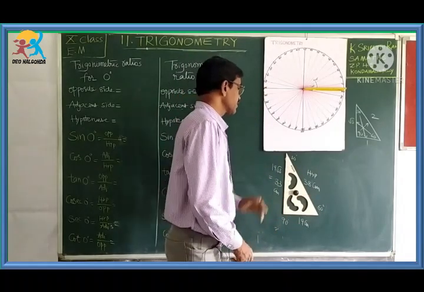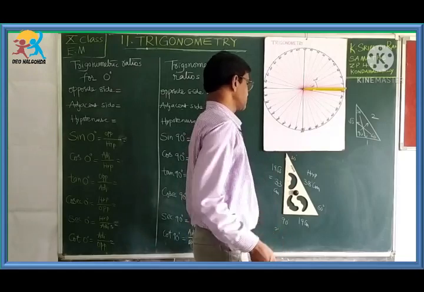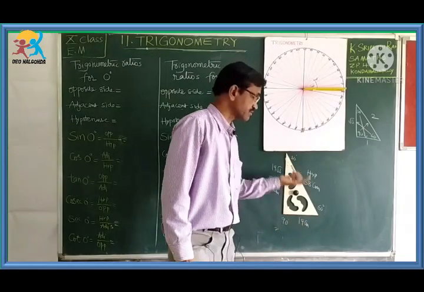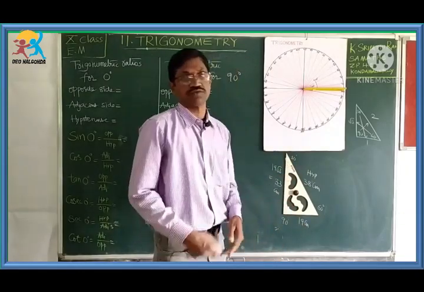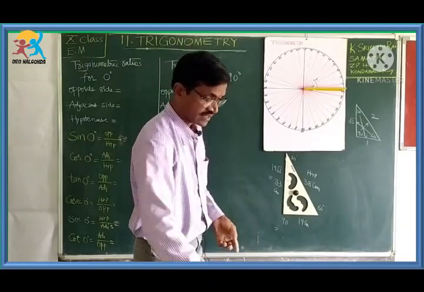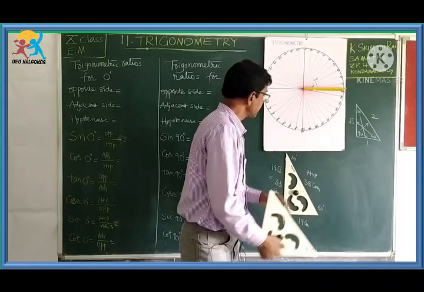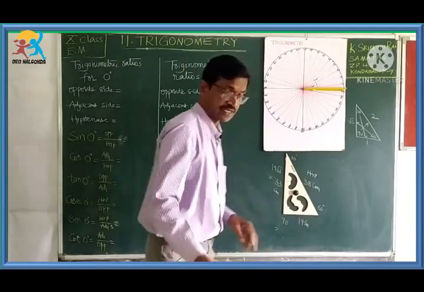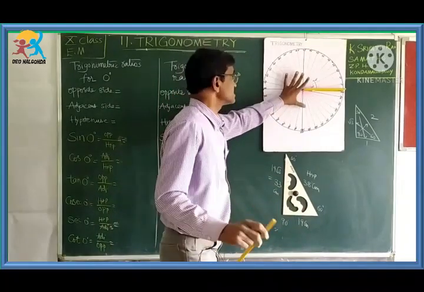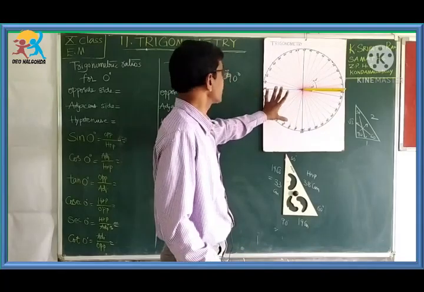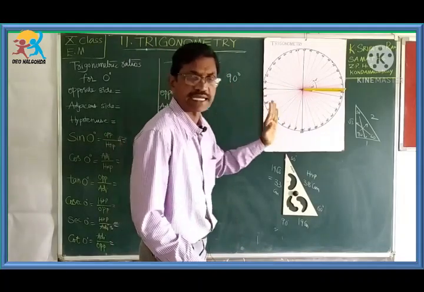In this way we can understand the trigonometric ratios from this set square also. The first one is 45, 45, 90, the other is 30, 60, 90. From this trigonometric table TLM we can understand these values easily and clearly.